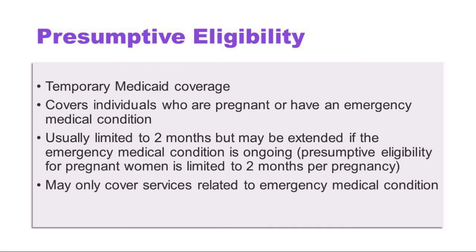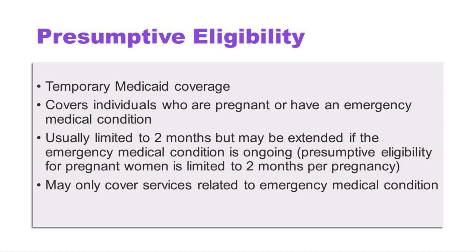Presumptive eligibility is a temporary form of Medicaid designed to cover individuals with emergency medical needs. The presumptive eligibility application is much shorter than the regular Medicaid application, and clients do not need to prove their citizenship or immigration status. The goal of presumptive eligibility is to provide immediate medical coverage for people who are potentially eligible for regular Medicaid and are experiencing medical emergencies.